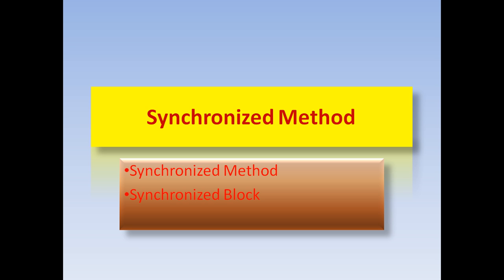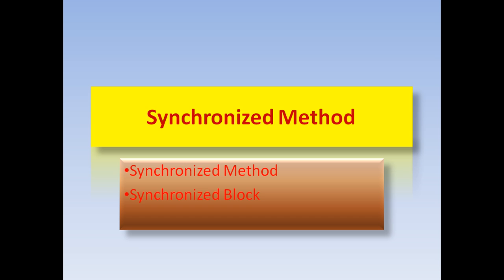The thread which enters the monitor does some task, and till it comes out of the monitor, no other thread can enter the monitor. This we call a mutex, mutual exclusive lock.